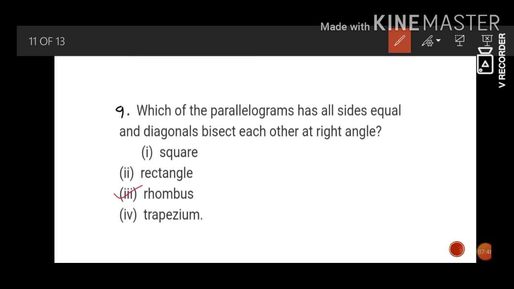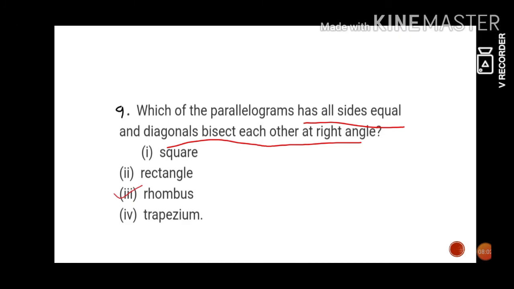So here all 4 sides are equal, and this is true for both square as well as rhombus. But the diagonals bisecting each other at right angle is only true for rhombus, not for square. So our correct option is rhombus.